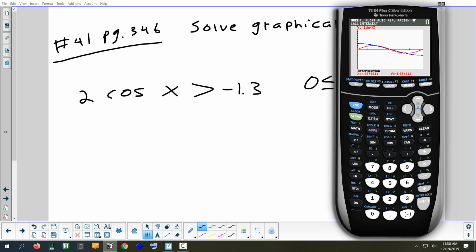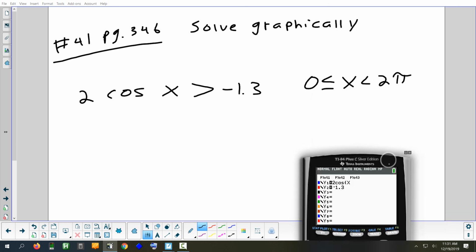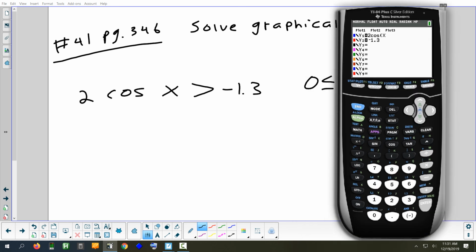So you can solve this using the same technique we've done. y1, y2. 2 cosine x and -1.3. Window is 0 to 2 pi. 0 to 2 pi is pretty common. So once you set that, usually that doesn't change a lot.